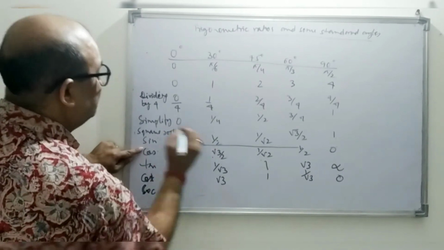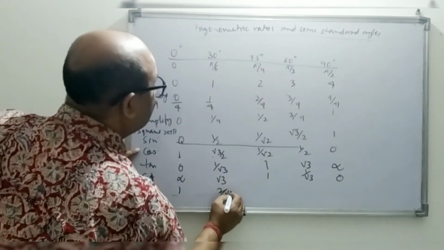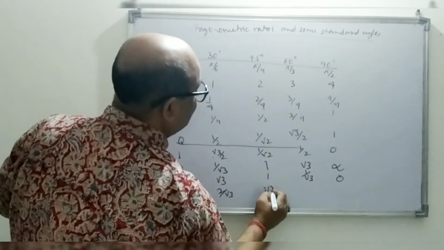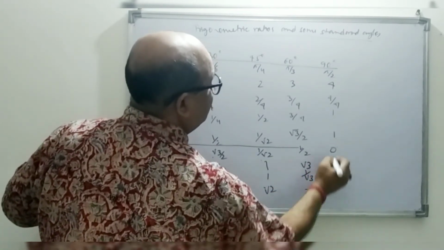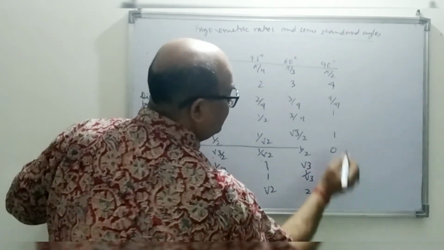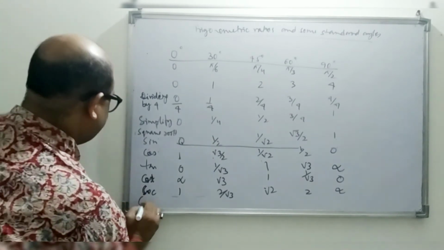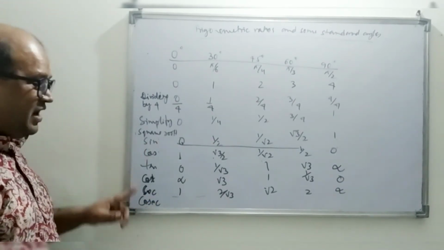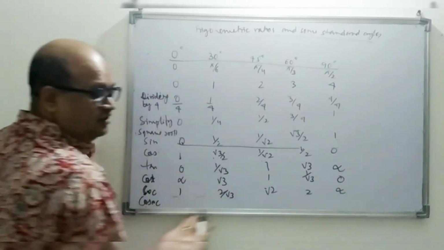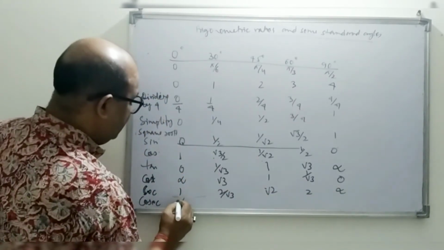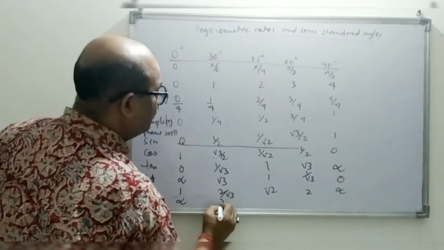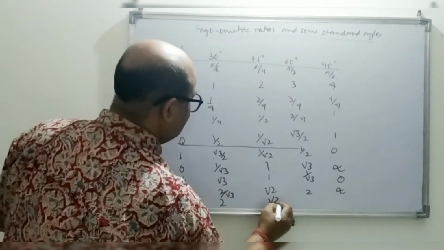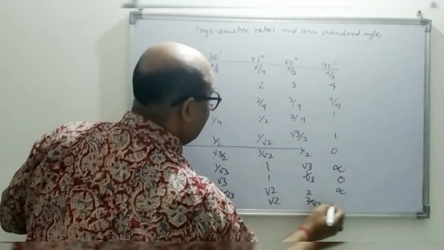So 1 by 1 is 1, then 2 by root 3, then root 2, 2, and 1 by 0 is again undefined. Now cosec. Cosec is the reciprocal of sine. If you reverse sine, you will get cosec: undefined, 2, root 2, 2 by root 3 and 1.